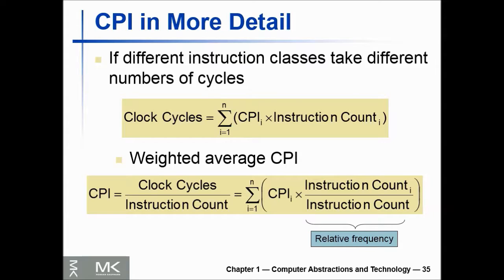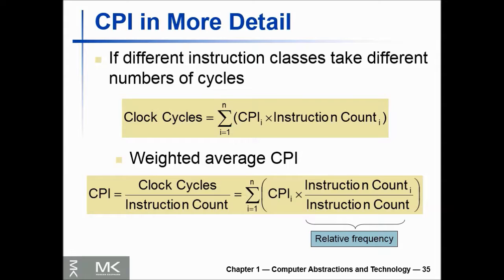Now the compact form of this formula becomes clock cycles is equal to summation i goes from 1 to n, CPI for the ith instruction class multiplied by instruction count for the ith instruction class.